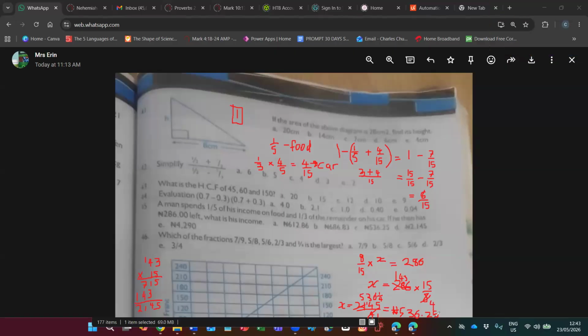So let me just give you some advice, right? Let's say you are in the middle of an exam, and you see a question similar to this and you don't know how to solve it right away.